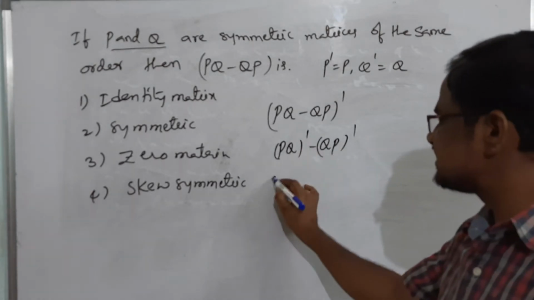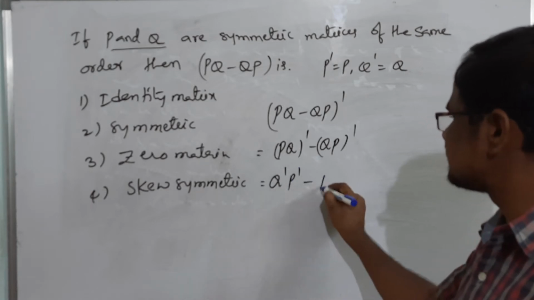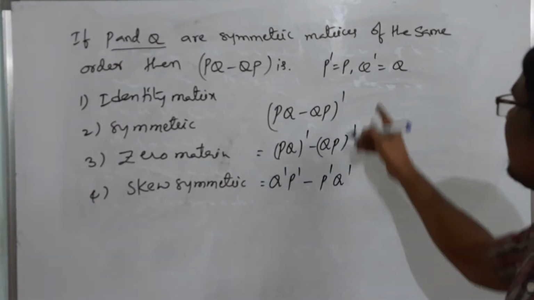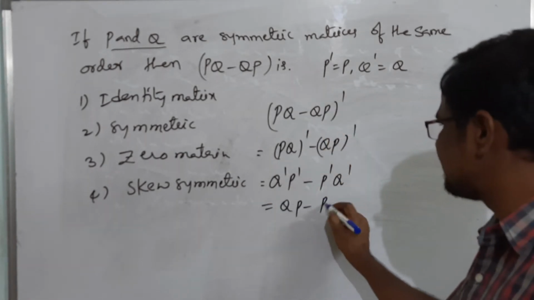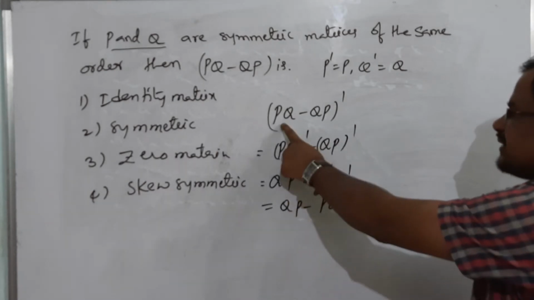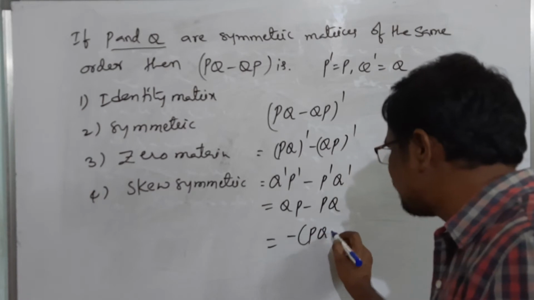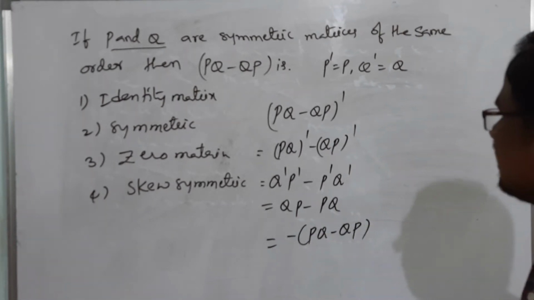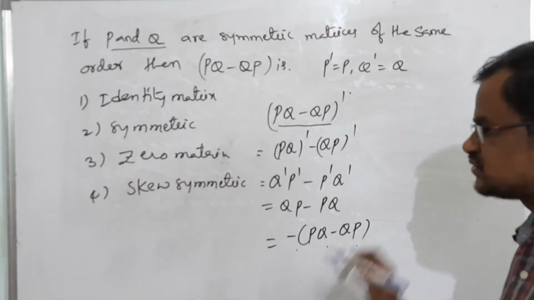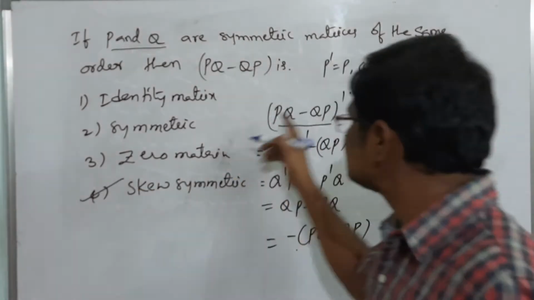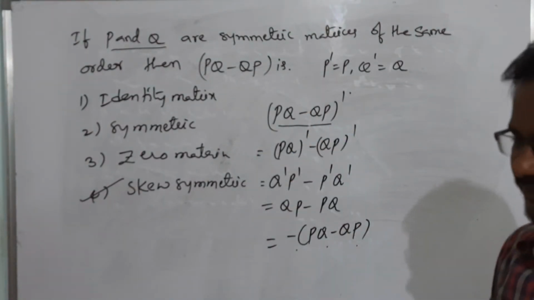Again you can write this as Q dash P dash minus P dash Q dash. But Q dash equal to Q and P dash equal to P. So we get QP minus PQ, which is not equal to PQ minus QP, so you can write it as minus of PQ minus QP. Now PQ minus QP whole dash equal to minus of PQ minus QP, so definitely this matrix PQ minus QP is a skew symmetric matrix.